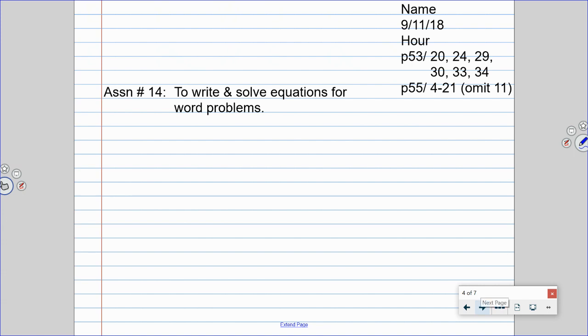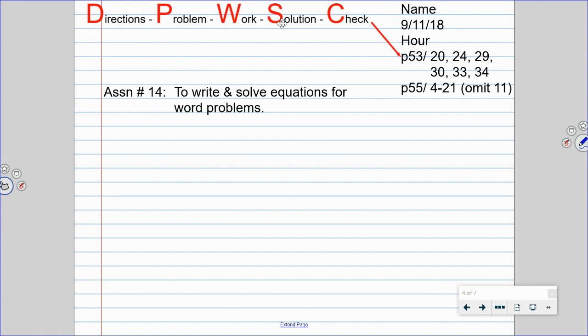Now, I doubt I need to remind you, but just a reminder, every time you do an assignment, always write the directions, write the problem, and then for the algebra, you're going to write the problem, work, solution, and you're going to check it. Now, apologies for the date, whatever the assignment number is, make sure your paper is correct.